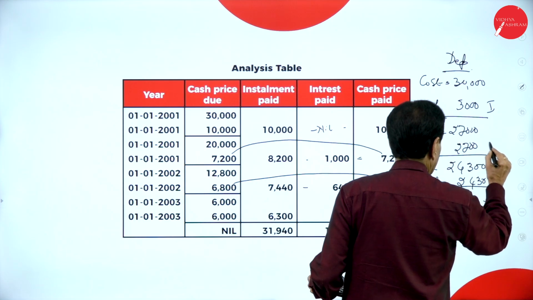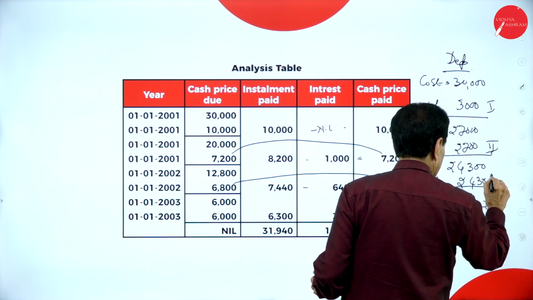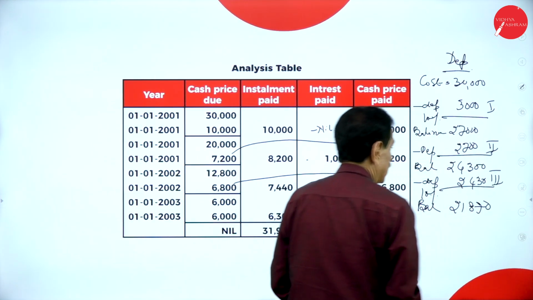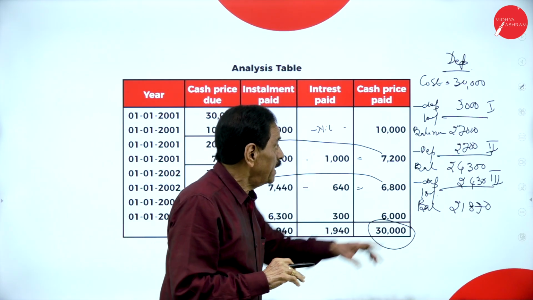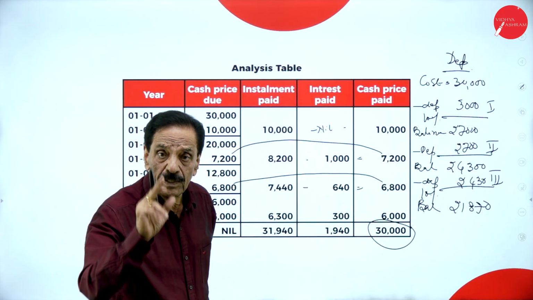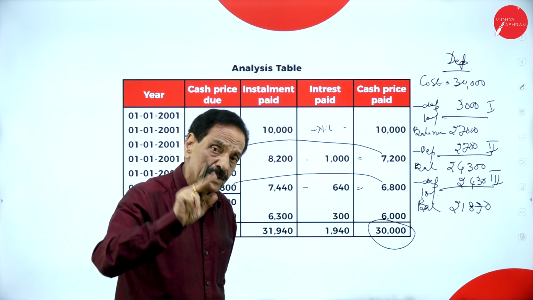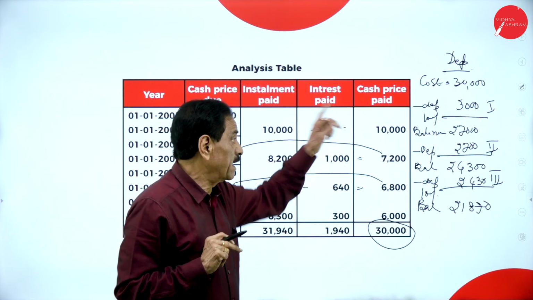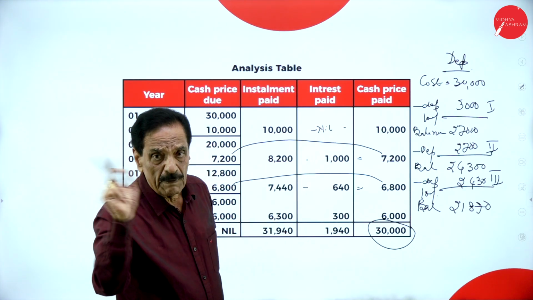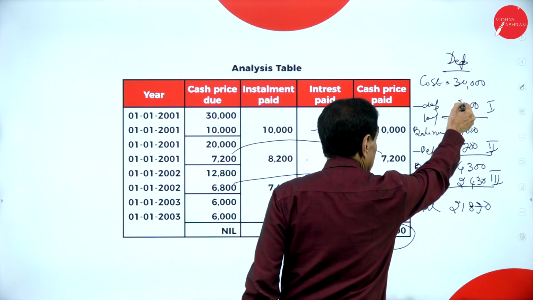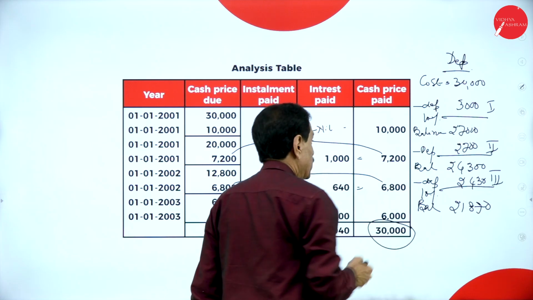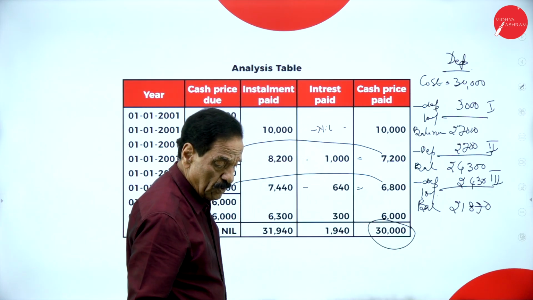This is for first year, this is for second year, this is for third year. Diminishing balance method. If it is a straight line method, every year depreciation remains constant, 3,000, 3,000. Here in that method, cost minus scrap divided by life years. So depreciation percentage is given. First year 3,000, second year 2,700 have been shown here.